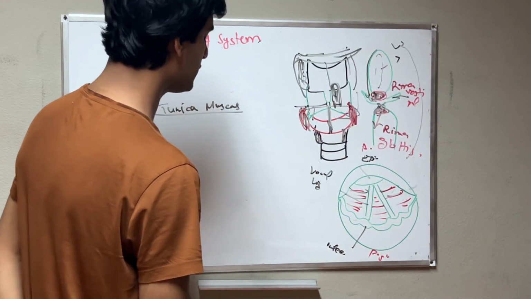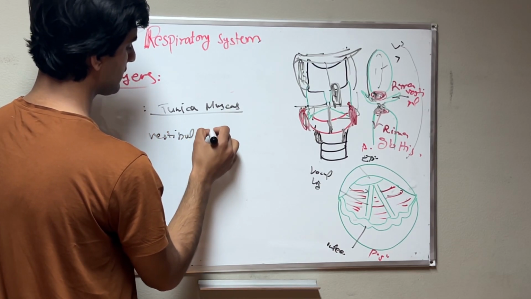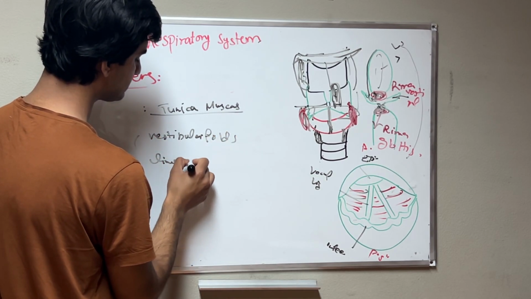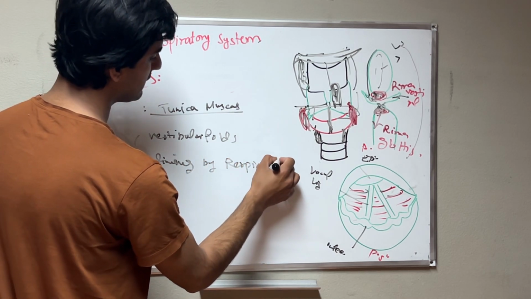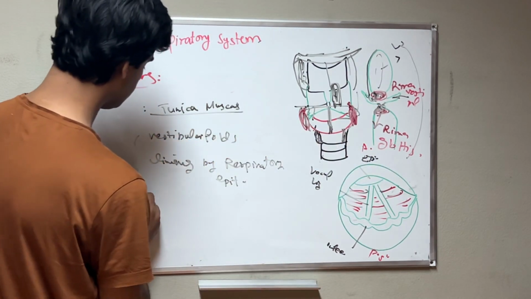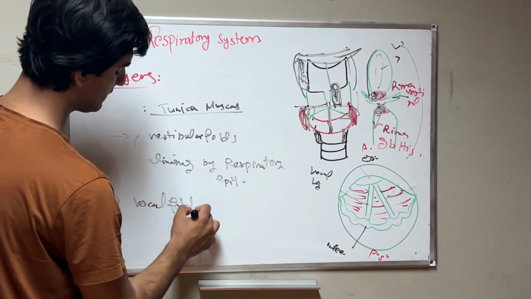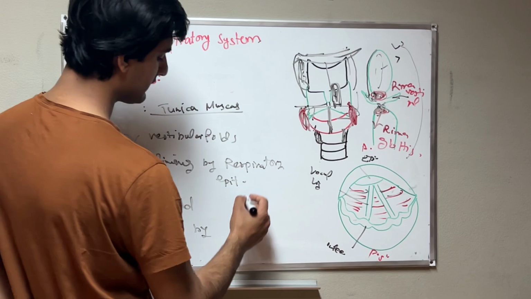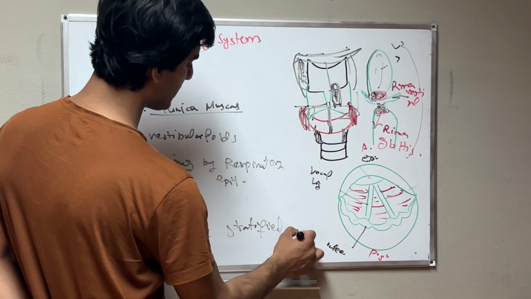The vestibular folds are lined by respiratory epithelium and the vocal folds are lined by stratified epithelium. This is about the histology.